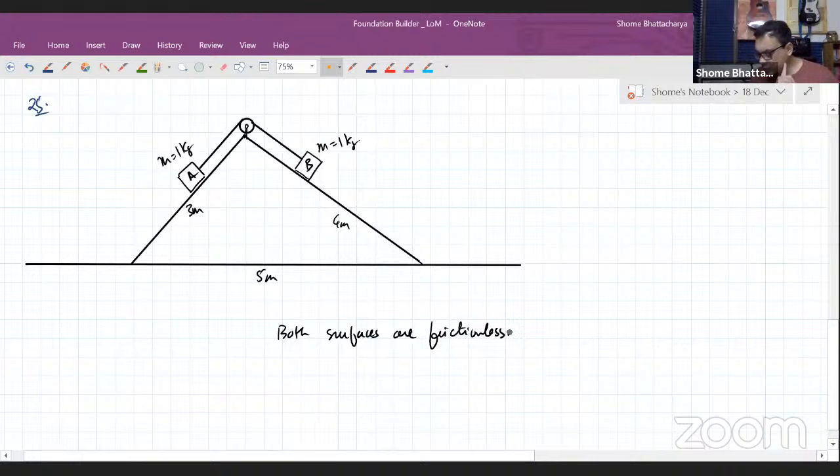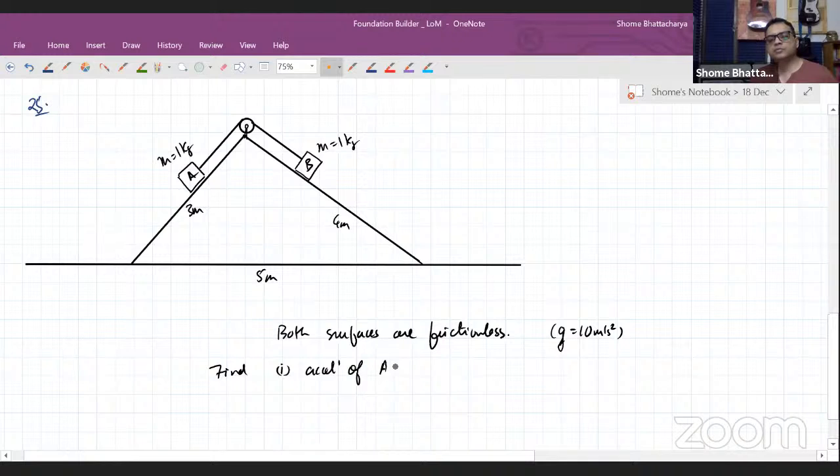So I want you to calculate, take the value g as 10, okay, and calculate the acceleration of each block and the tension and normal reaction. So find acceleration of A and B, the two blocks. Okay. Then find the tension in the string and the normal reaction on each block. Very easy question. You should be able to work it out, each one of you.